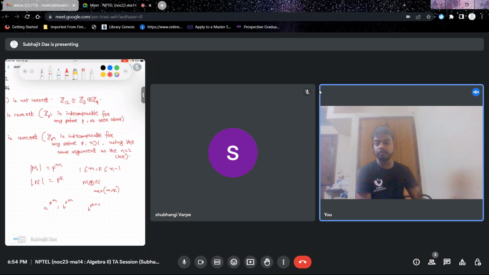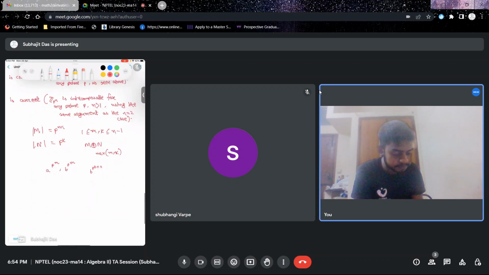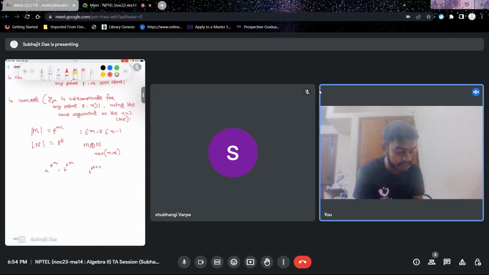My point is, it might not happen that every element of M direct sum N has order maximum of m comma k, or should it? I think this particular statement is not correct, but anyways, the theorem still holds. Zp to the power n is indecomposable, because why is that the case? Yeah, I think it should be maximum of m comma k.